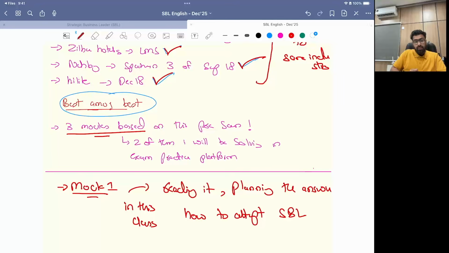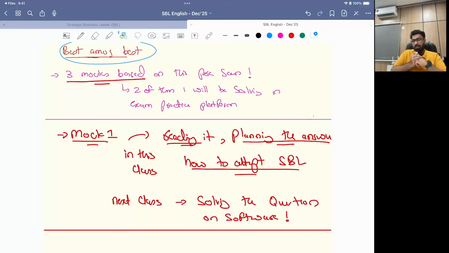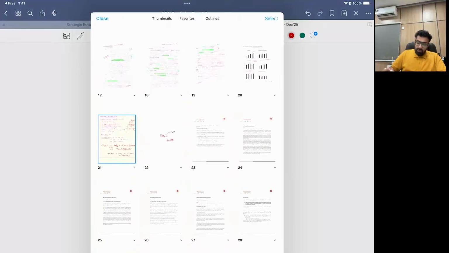So I'll be reading in today's class, planning the answer, and showing how to attempt SBL, and then in the next class, solving the question on software, just so you guys can score some good marks. And guys, I want the positions, so make sure you are studying for some nationwide positions as well. This is what we want to do in SBL.